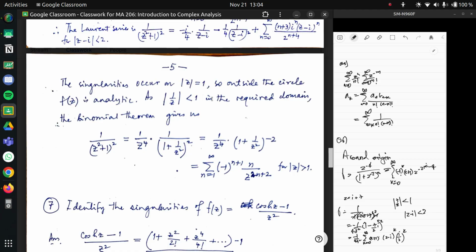See, we're trying to do it around the origin, right? Where did you try to do it around the origin? When z is less than 1, you can definitely do it right away. When z is bigger than 1, some weird thing. When z is equal to 1, there are problems.